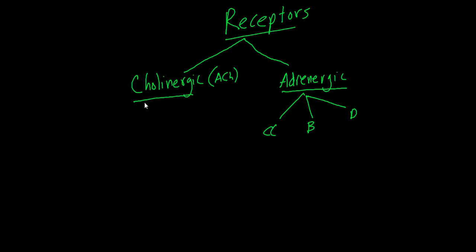However, cholinergic receptors are different. These are going to be more like your nicotinic, and then also muscarinic. No, nicotinic is not standing for nicotine like what's in cigarettes. Nicotinic is going to be an ion channel, so it's going to be a sodium-potassium channel.